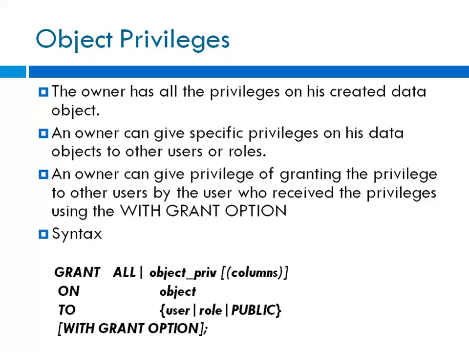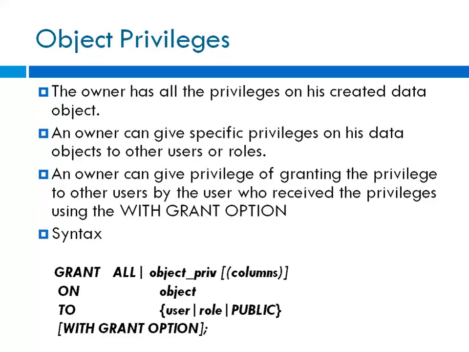An owner can give the privilege of granting the privilege to other users, by the user who received the privileges using with grant option. You can understand this as follows: suppose I have created a table attendance and I give the privilege of inserting and deleting to Bob, but I want that Bob should be able to give those privileges on the attendance table to the users that he wants.